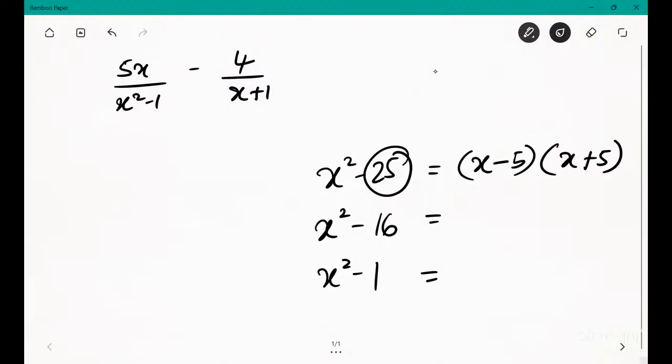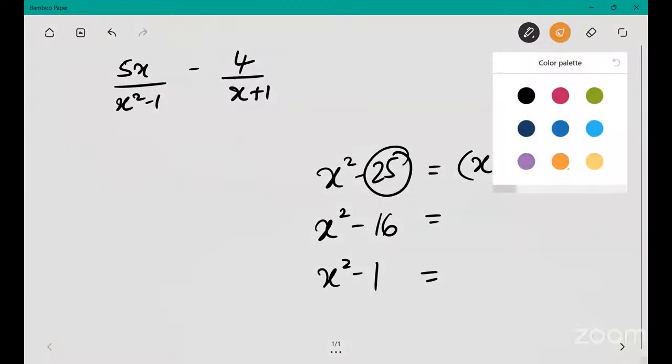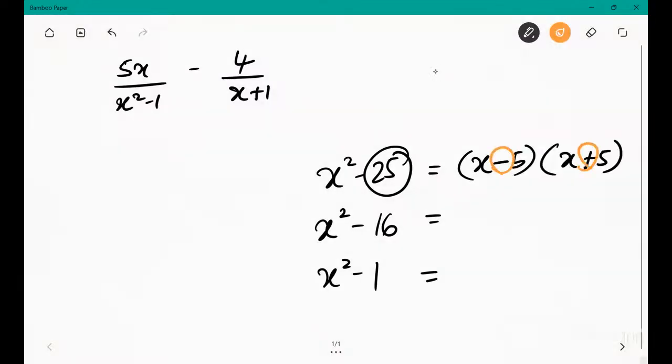So you're going to have one as negative and one as positive, with the number here being the root of this number. Here also it's going to be x minus root of 16, which is 4. So x minus 4, x plus 4.